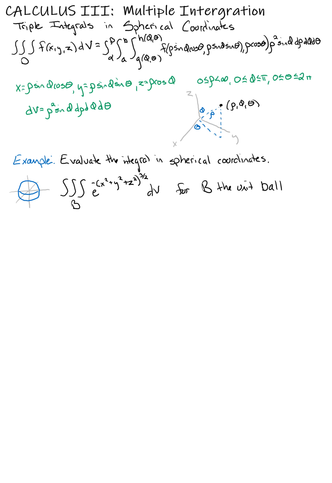All right, so what does this triple integral look like if I write it as an iterated integral? Well, the first thing we need to look at is rewriting our integrand. So that integrand, e raised to this crazy power, let's take a look at that power itself.